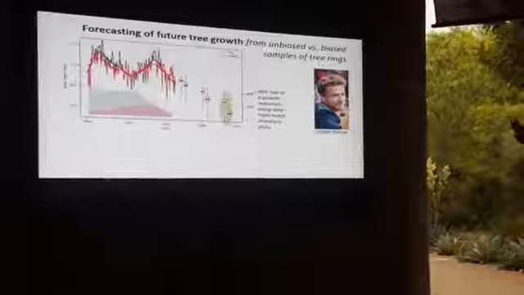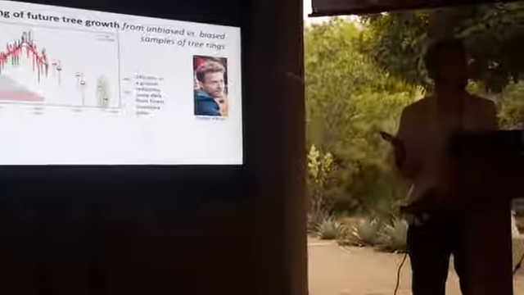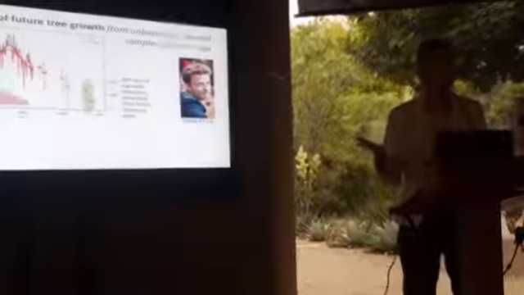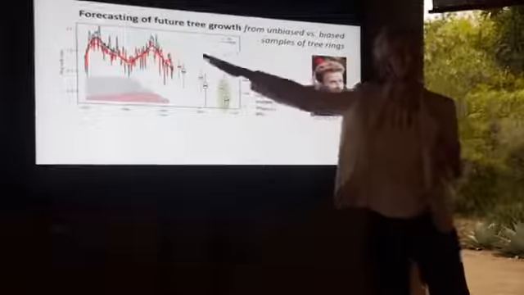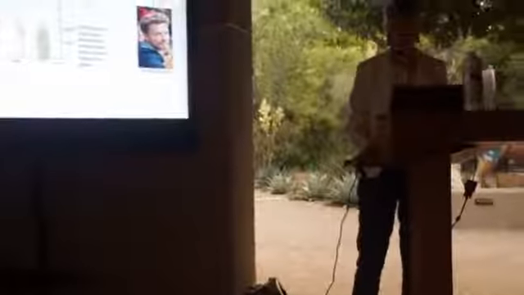So this might be a bit of a Rorschach test. If you're an optimist or a pessimist, this is either a glass half full or a glass half empty. You get to decide. We're not predicting that tree growth is going to increase. This is still a decline that we're predicting, but there's less of a decline based on this representative and unbiased forest inventory sample.